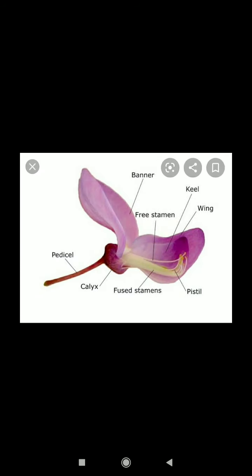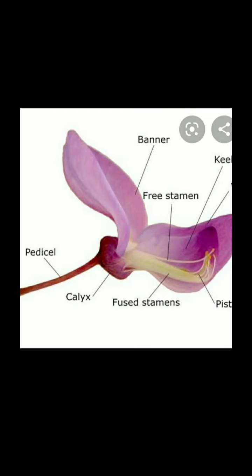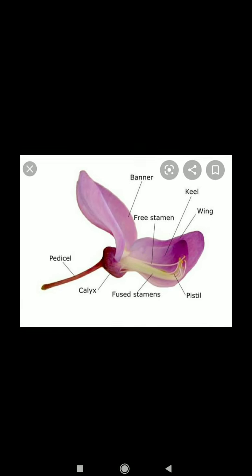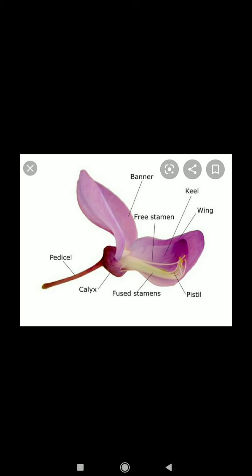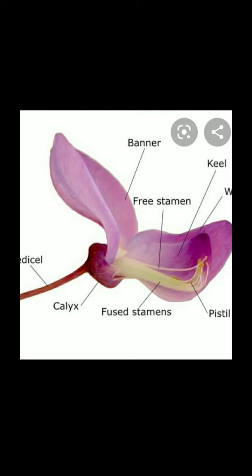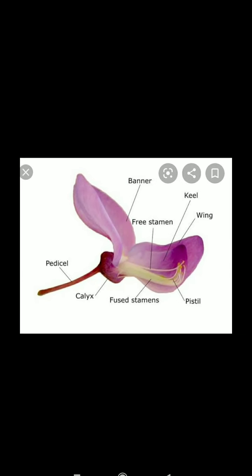Here we can see fused stamens, combined to form a thin layer, and free stamens, stick-like, freely flowing in the air. A free stamen is like this, and fused stamens means they are combined together at the bottom and are not free enough to grow anywhere.